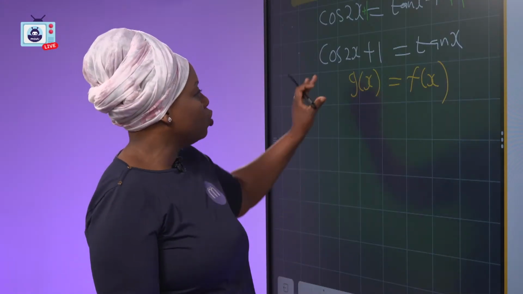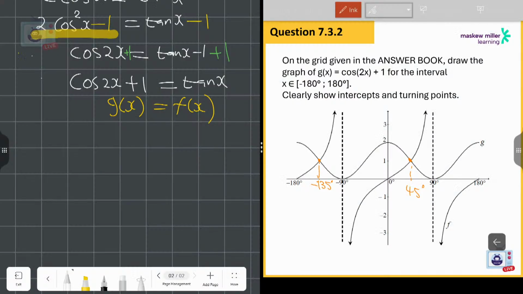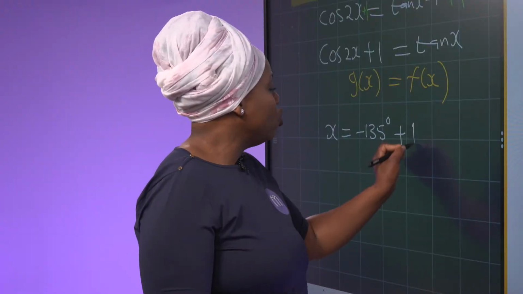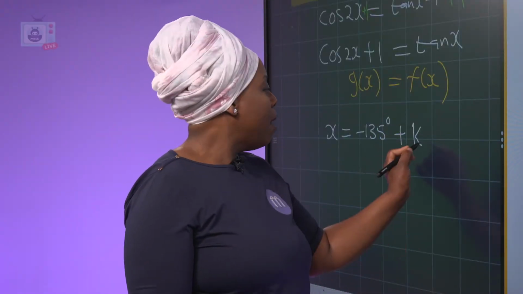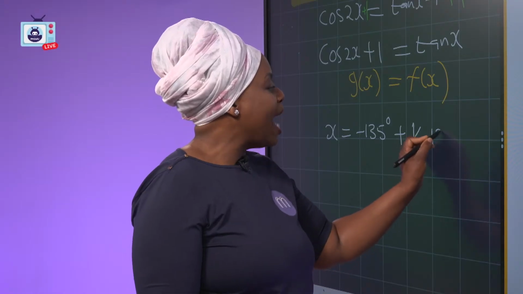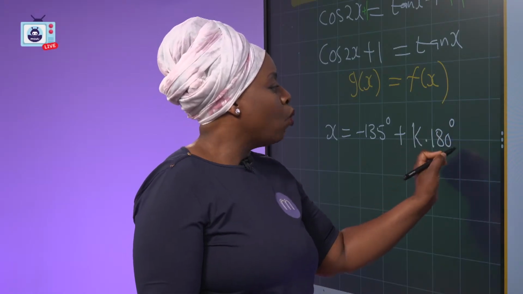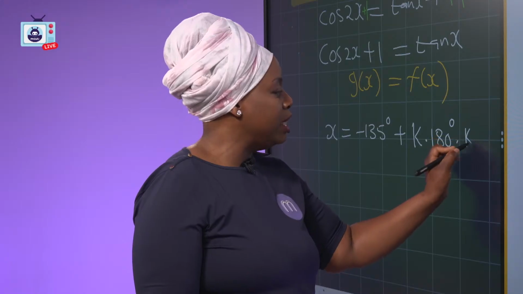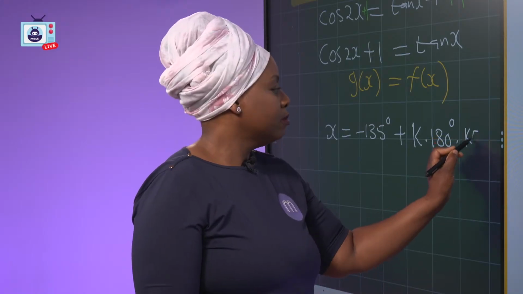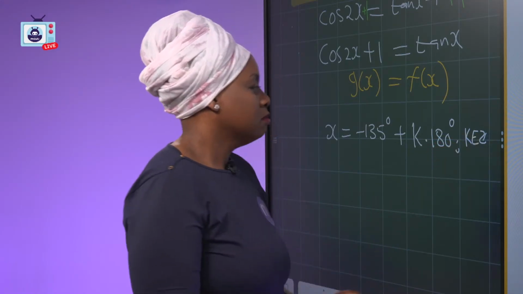So you're just going to finalize it in here and say that x will then be equal to negative 135 degrees plus k multiplied by 180 degrees, where k is an element of integers.